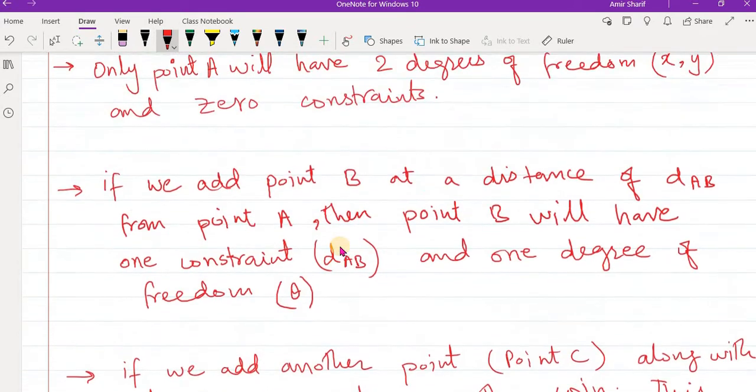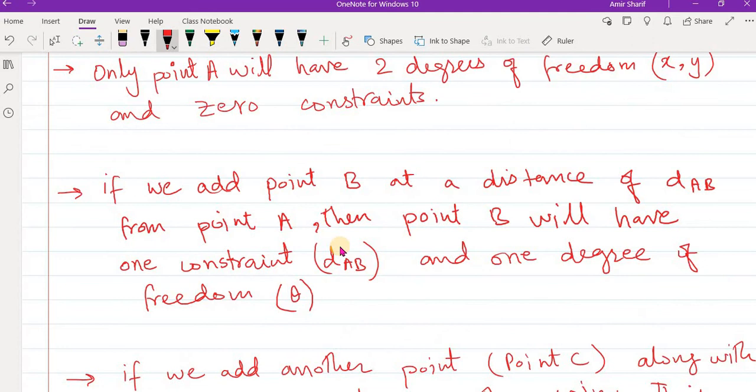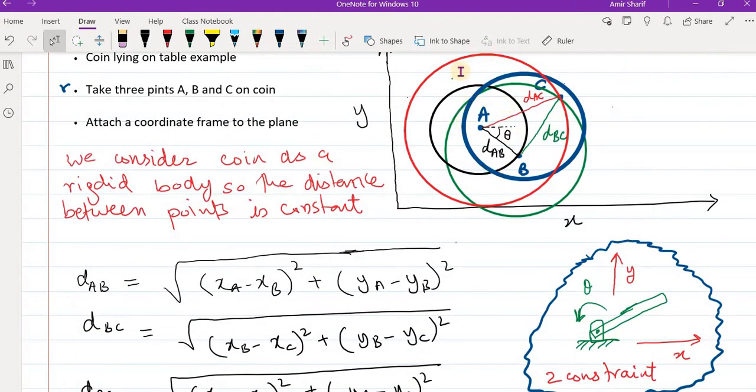If we add one more point B at a distance DAB from point A, now we have one constraint, which is distance DAB, because the coin is a rigid body, and we have 1 degree of freedom, which is a rotation along this black circle.